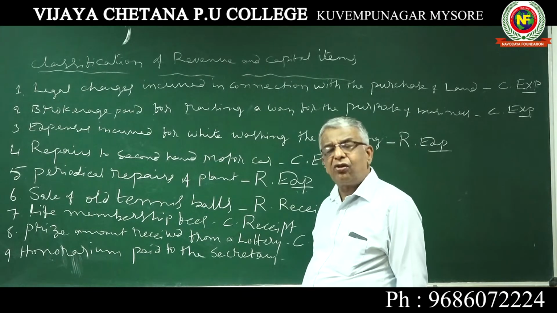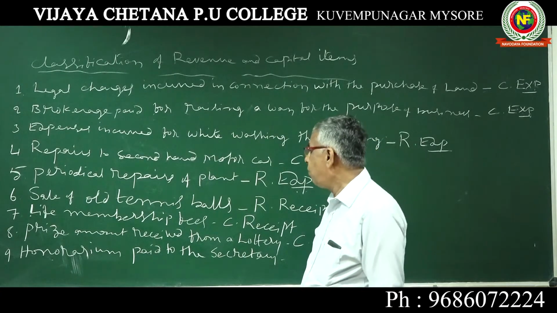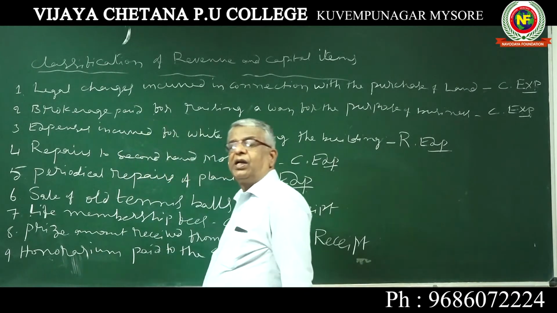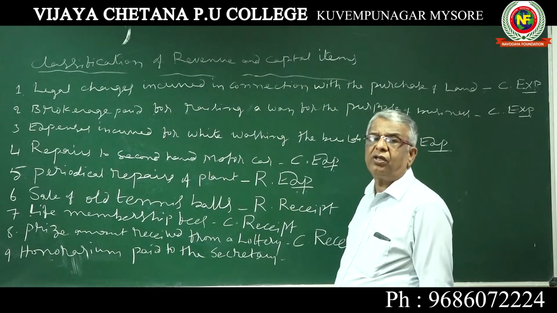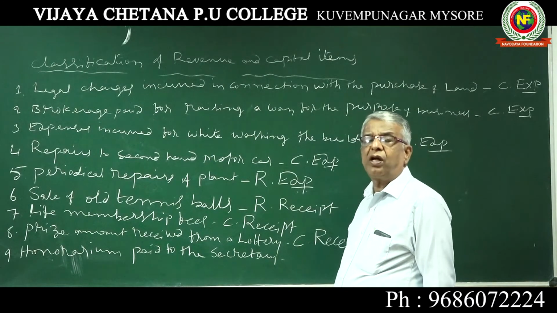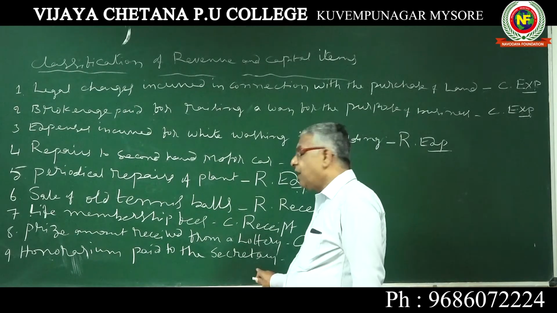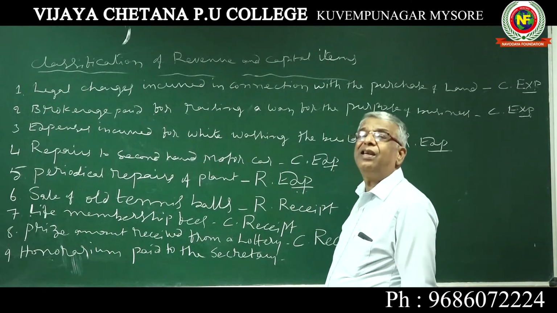In consideration for the service rendered by the secretary, that amount we are going to call honorarium. Honorarium is the lump sum amount paid by the not-for-profit organization to the person who has rendered service. Honorarium paid to the secretary is recurring in nature.